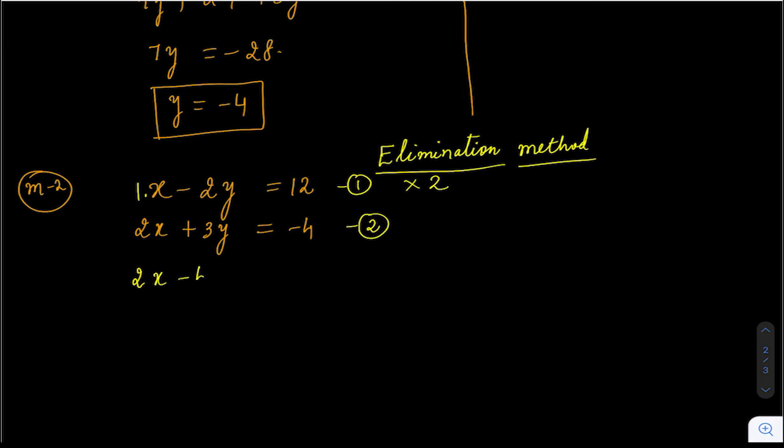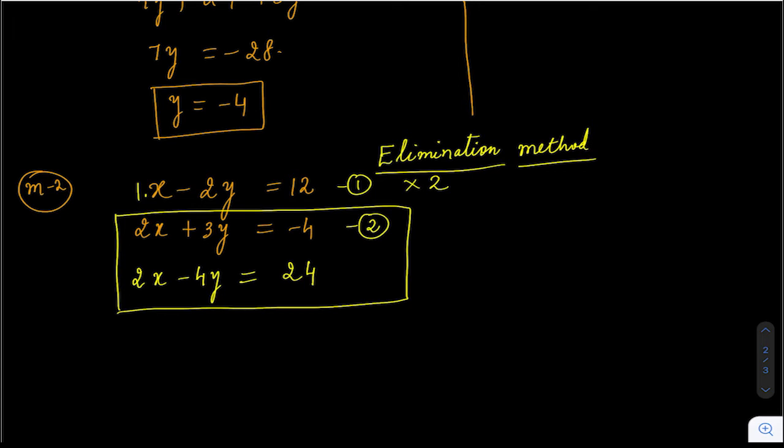So it will be 2x minus 4y equals 24. I have multiplied the first equation by 2 and I got my new equation. So these two equations I got now, and the coefficient of x is the same. Once you have the coefficient of x the same, now you can subtract them. So the second equation minus the third equation.